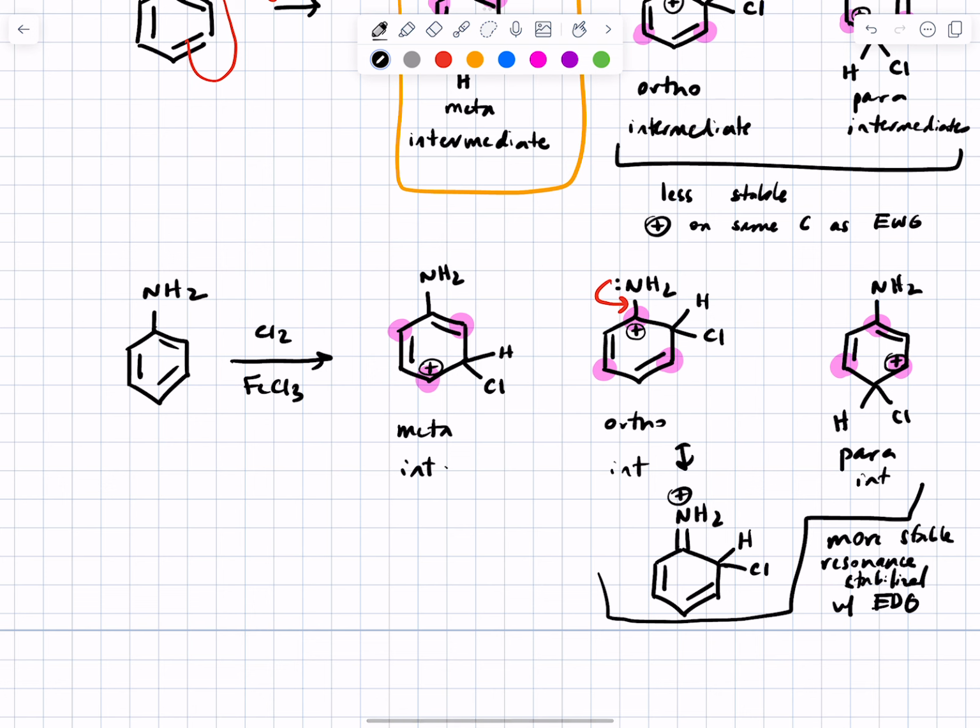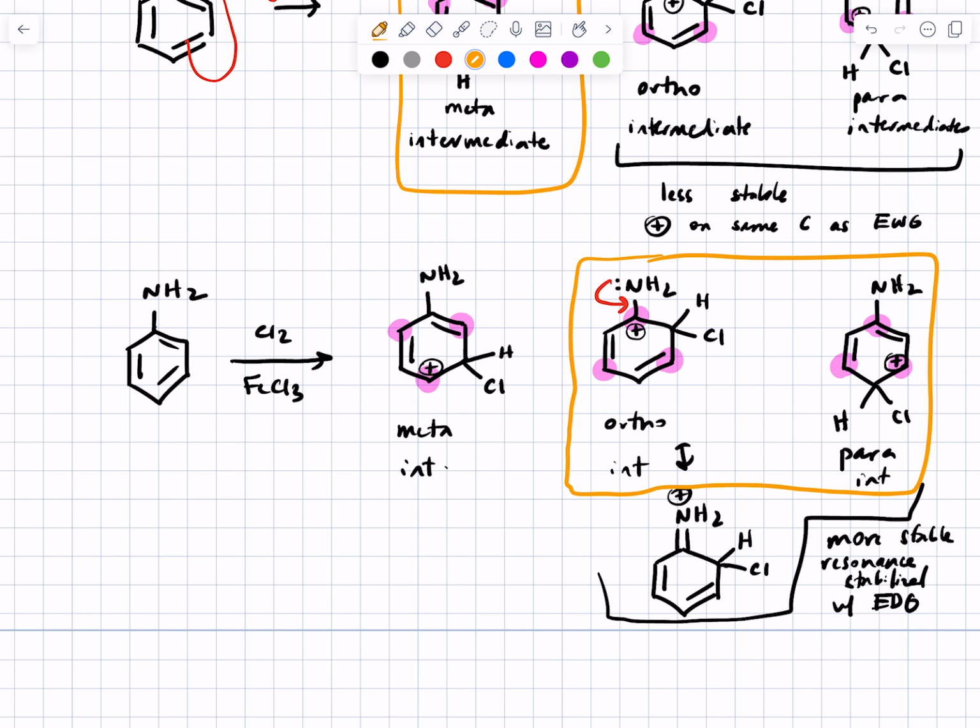And that is why for electron donating groups, we prefer ortho and para intermediates, because in that intermediate, the plus charge is, at least partially, on the carbon that's adjacent to the donating group, and that donating group can stabilize the positive charge, either by resonance or by an inductive effect, okay? So we will see that donating groups are ortho and para directors, and withdrawing groups tend to be meta directors.